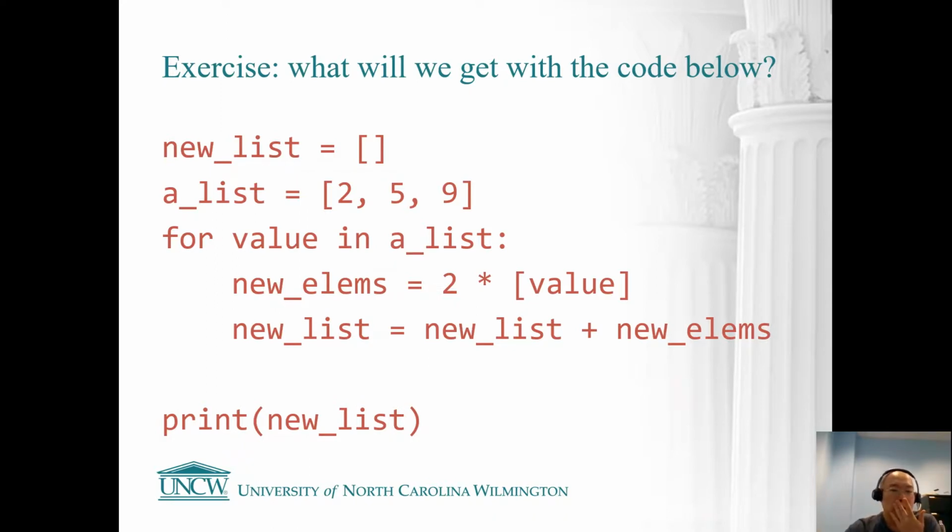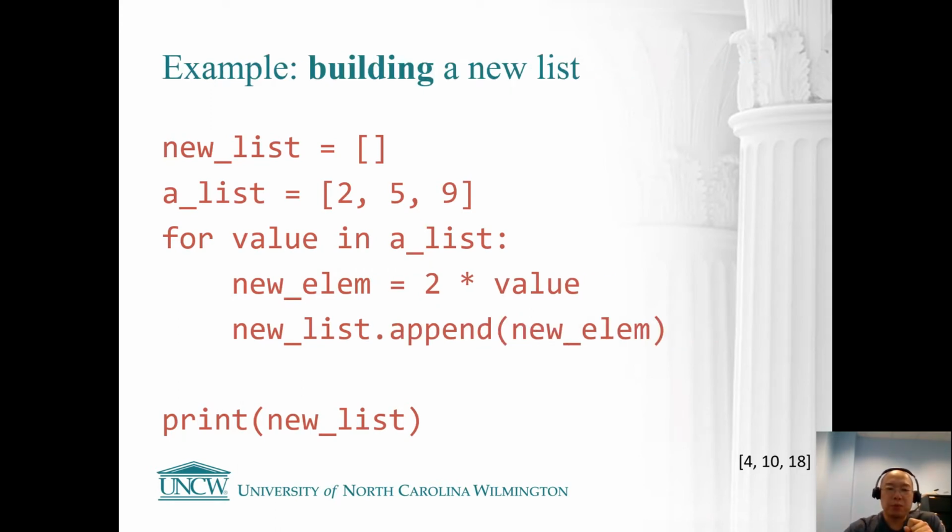So for each value in A, I put that into a list and then repeat that value twice, and eventually I add this new element to the new list. So you will get this. For each value in A, I put that into the new list twice. That's the difference between this one and this one.